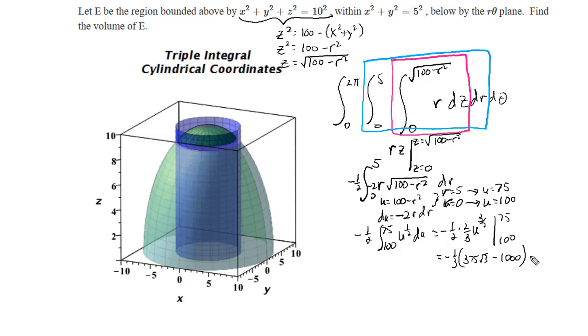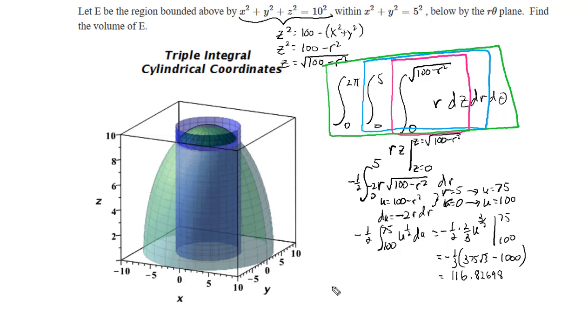Now, I don't really want to write this down, and the final answer is going to be rounded off anyway, so I'll go ahead and type this into my calculator and round it off, but further than the final answer. So then our final integral would be the integral with respect to theta of that number.